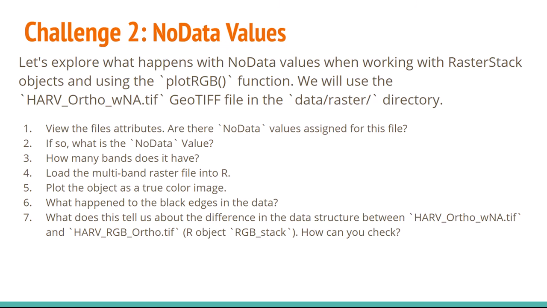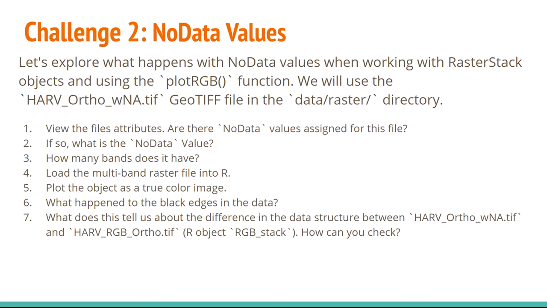So firstly, we want to view the file attributes. Are there no data values assigned for this file? 2, if there are no data values, what is the no data value? 3, how many bands does it have? 4, load the multiband raster file into R. 5, plot the object as a true color image. 6, what happened to the black edges in the data?